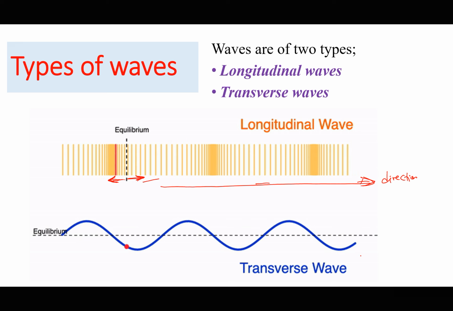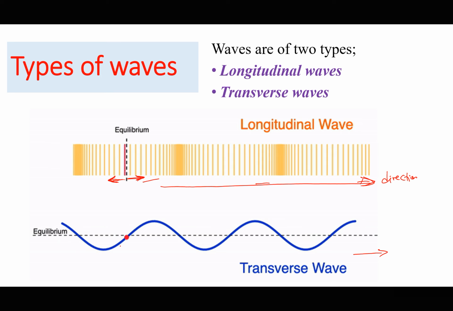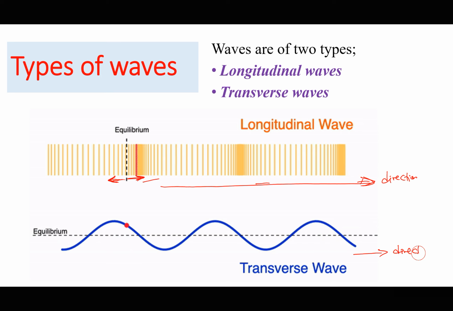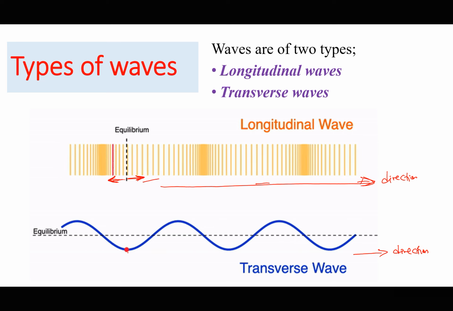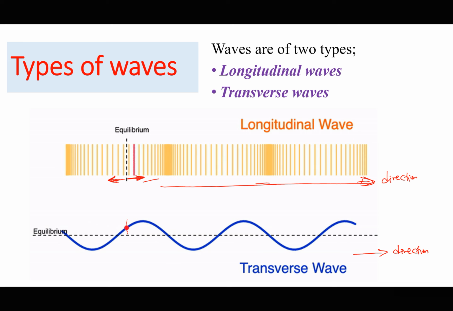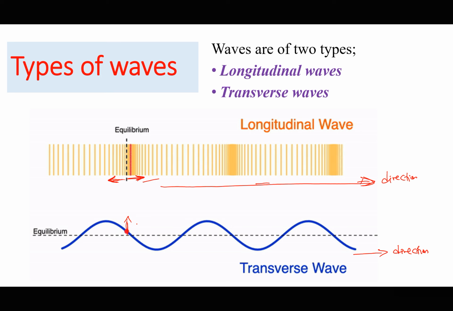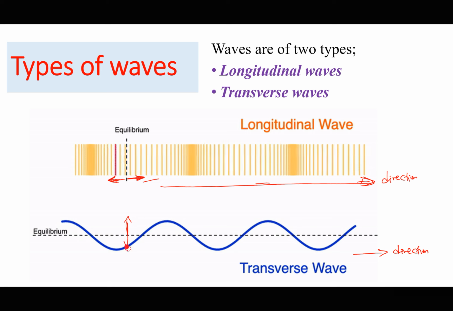Let's look at the transverse wave here. We are seeing that the energy is propagating from left to right. So this is the direction of energy, or the direction of the wave. But I said I represented the position of the vibrating particle with red, and we have noticed that it is vibrating upwards and then it vibrates downwards.